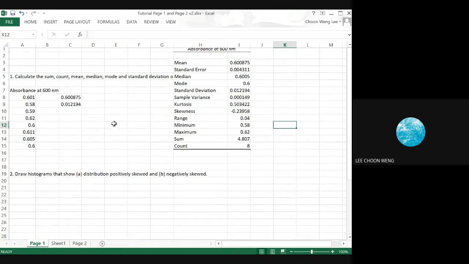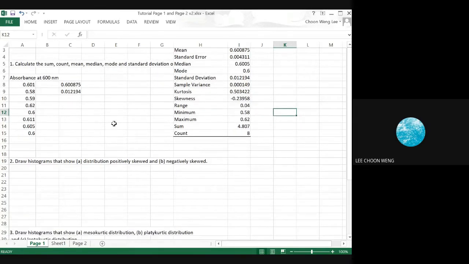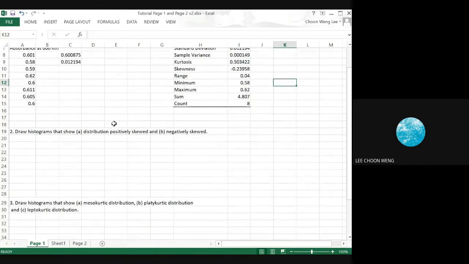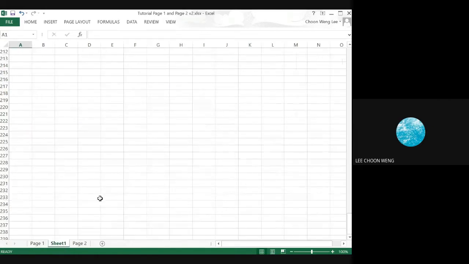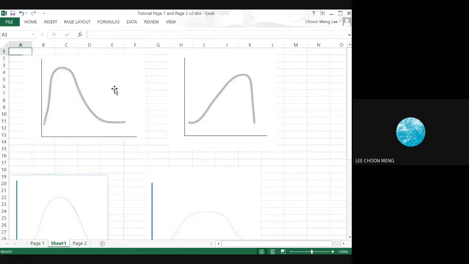So when you collect data, you realize that sometimes your data is not exactly normal. Sometimes you have positively skewed and negatively skewed data. If you were asked to draw, this would be positively skewed, and this would be negatively skewed.